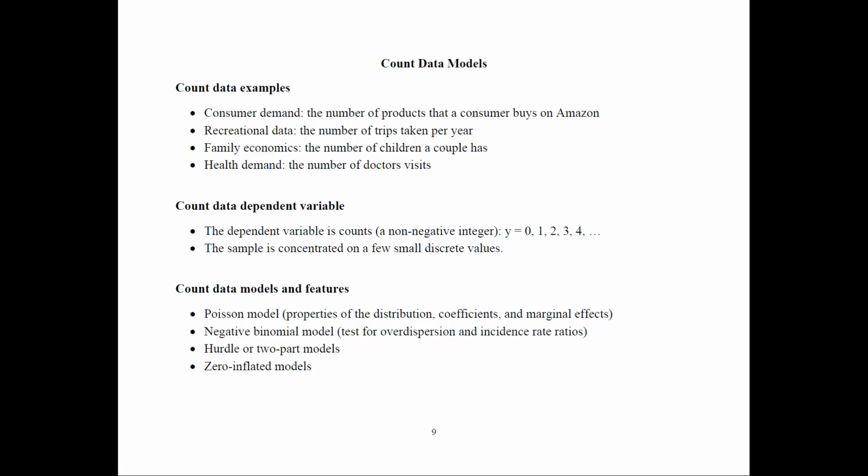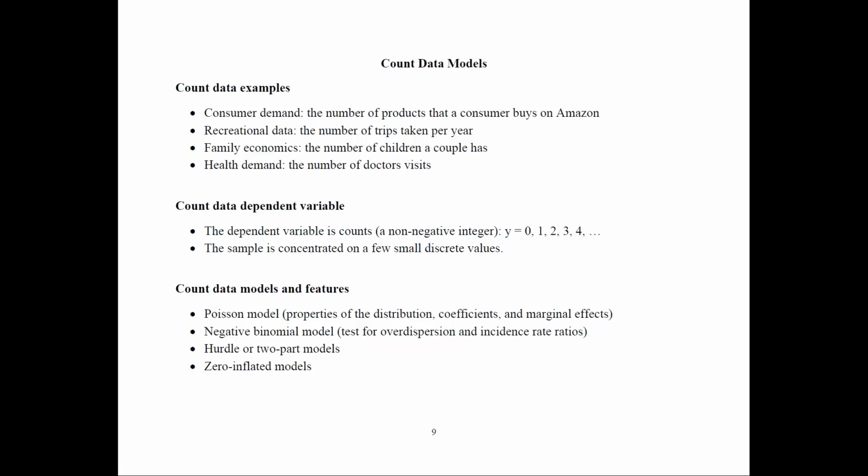But it's not in the thousands the way the variable is measured typically. So we will talk about several types of models, including the Poisson models and the negative binomial model, where we relax some of the restrictive assumptions of the Poisson model, particularly we correct for over-dispersion.